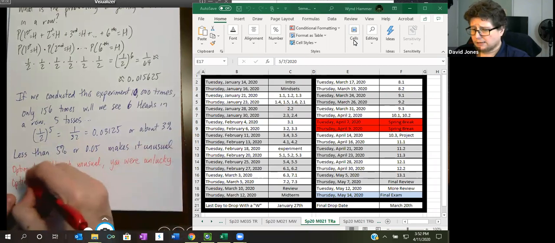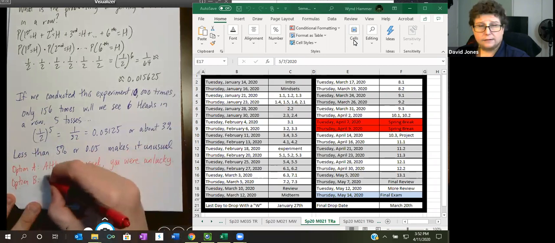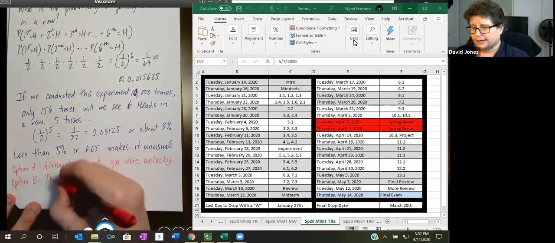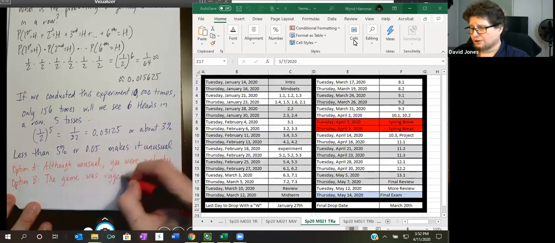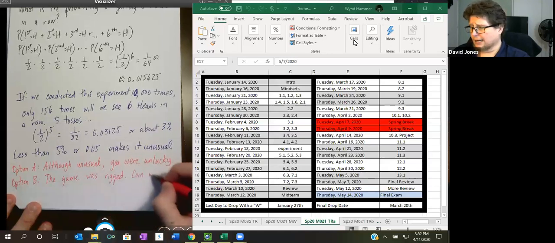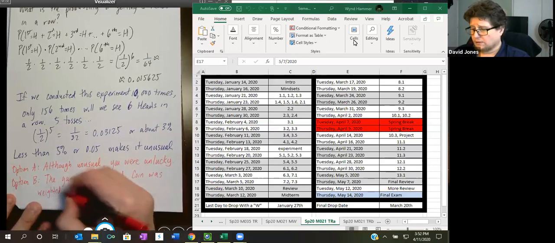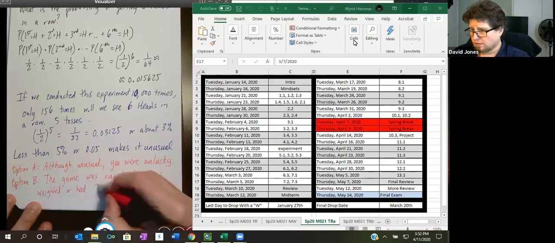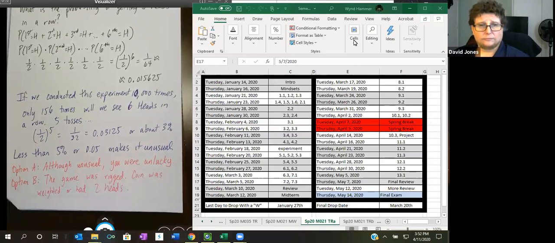Option B, the game was rigged. Either the coin was weighted or it had double heads. Which one is it though?